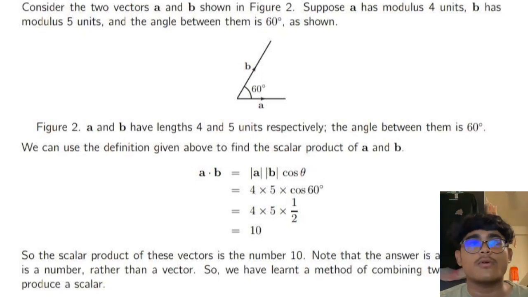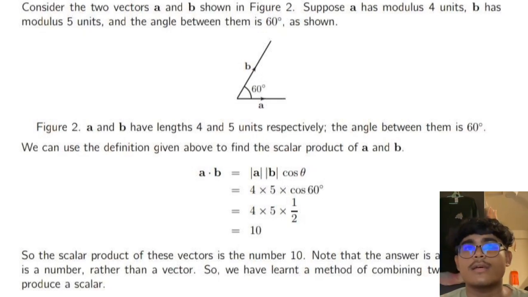So the scalar product of these vectors is the number 10. Note that the answer is a scalar, that is a number rather than a vector. So we have learned a method of combining two vectors to produce a scalar.